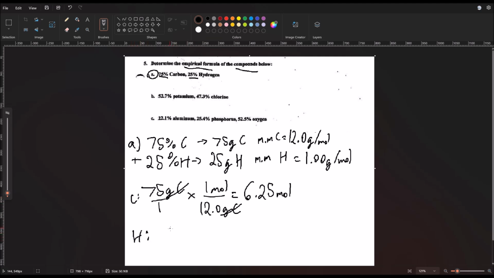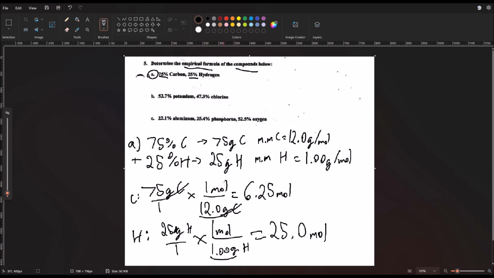And for hydrogen, we have 25 grams of hydrogen. 1 mole is going to be 1.00 grams of hydrogen. And this intuitively is just going to be 25.0 moles. So we're working with 3 significant figures based off of the periodic table.